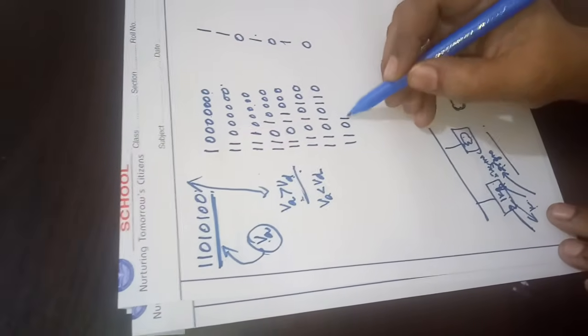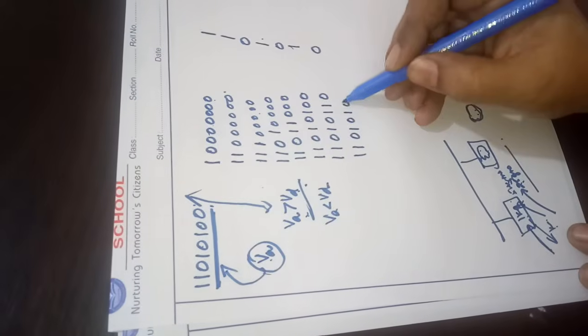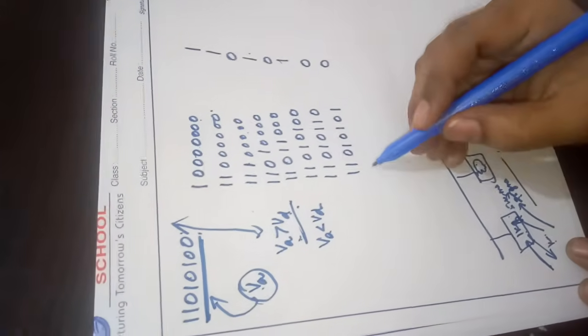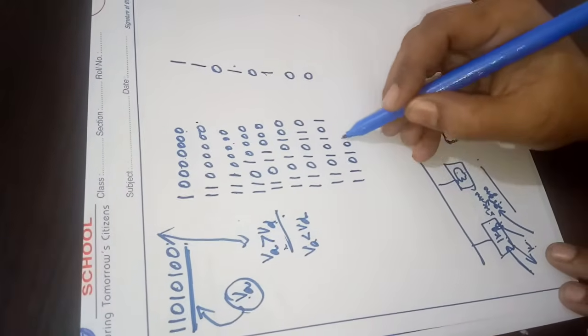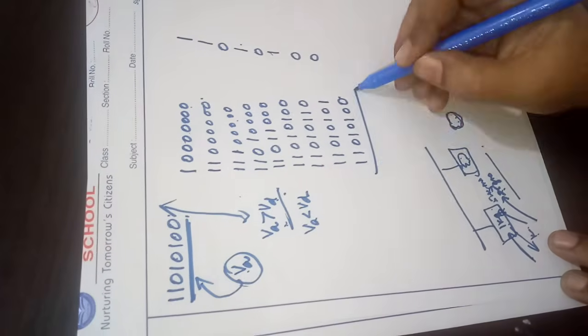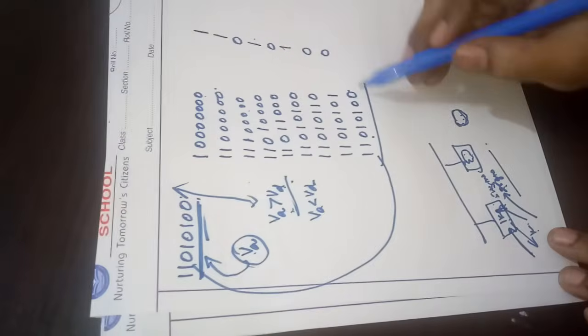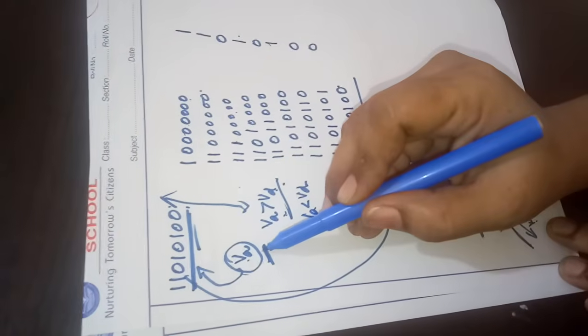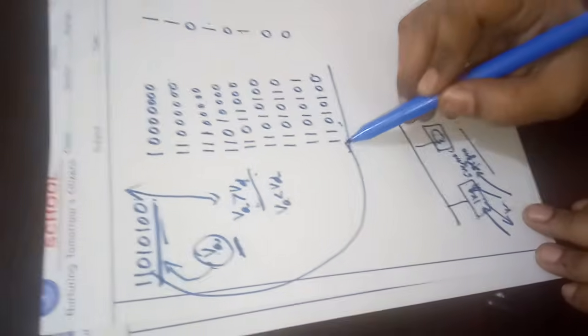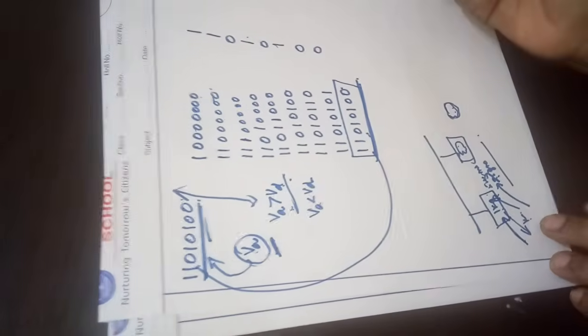If the output is 0, it is 1 1 0 1 0 1 0 1. If the output is 0, we get 1 1 0 1 0 1 0 0. So you can compare here, this output is equal to this output. So like this, the analog input is equal to the digital output.